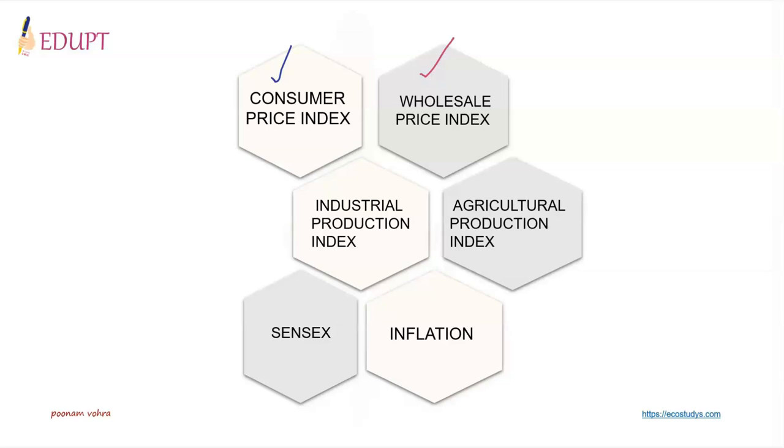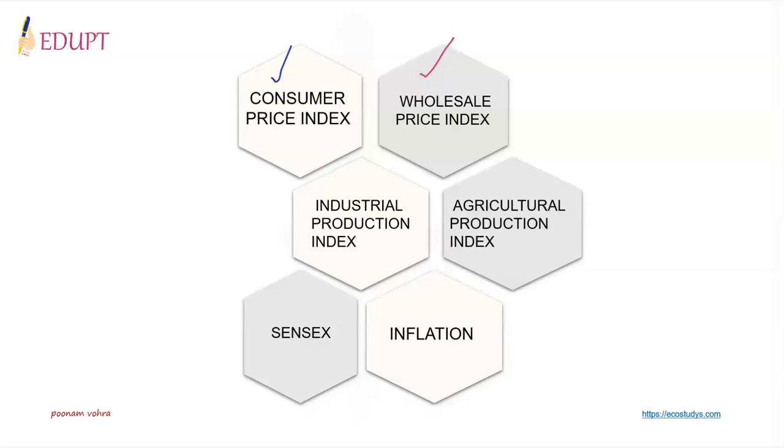So it does not include items pertaining to various services like repairing, etc. Wholesale price index numbers are relevant because it helps in forecasting the demand and supply conditions of commodities in the economy and helps us to understand monetary and real value of macro aggregates like national income, national output, total employment, and so on. The wholesale price index is generally used to calculate the rate of inflation in the country.